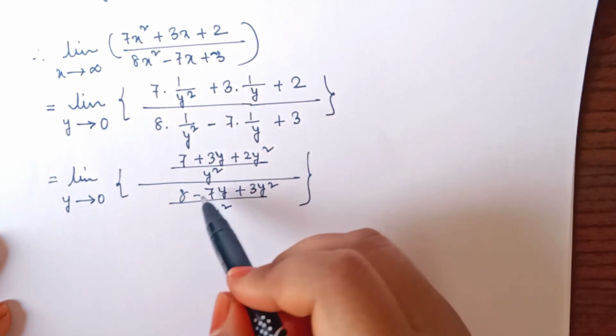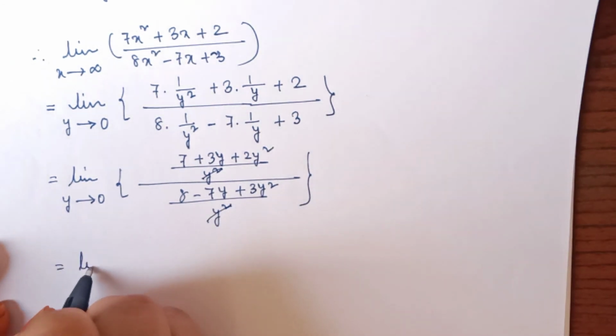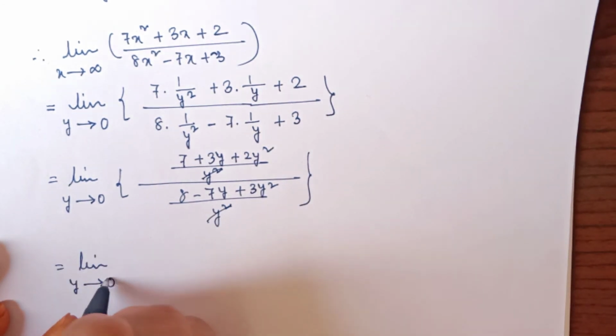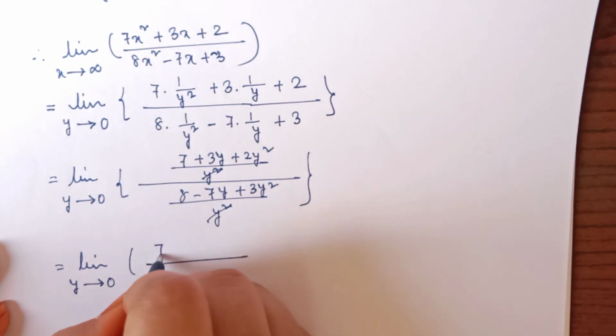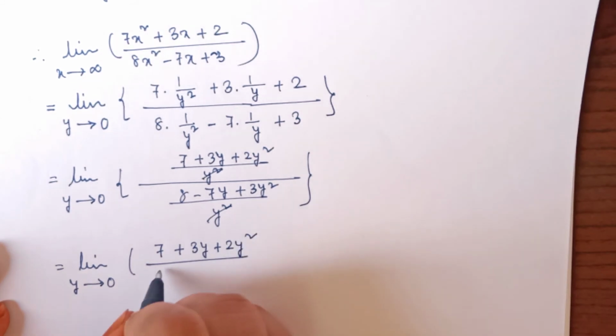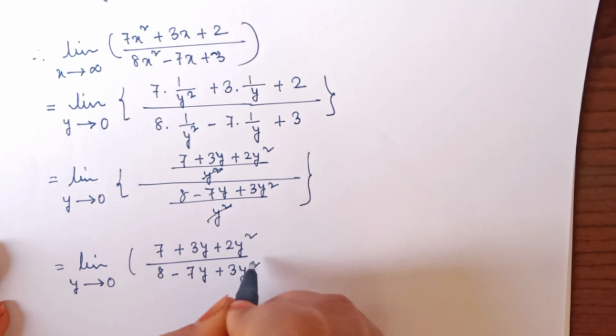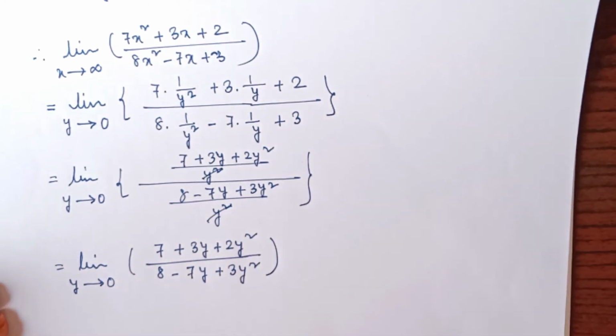Now you can see that y² can be cancelled out. It remains limit y tends to 0, (7 + 3y + 2y²) divided by (8 − 7y + 3y²).